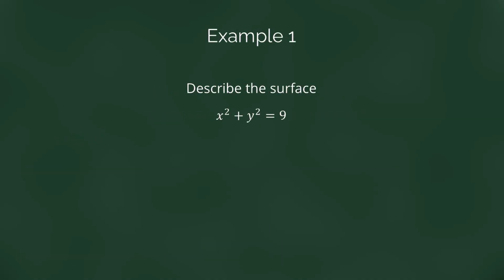Let's take a look at a few examples. Here we want to describe this surface given by the equation x squared plus y squared equals 9. We'll notice that x squared plus y squared equals 9 represents in two-dimensional space a circle with radius 3 centered at the origin.